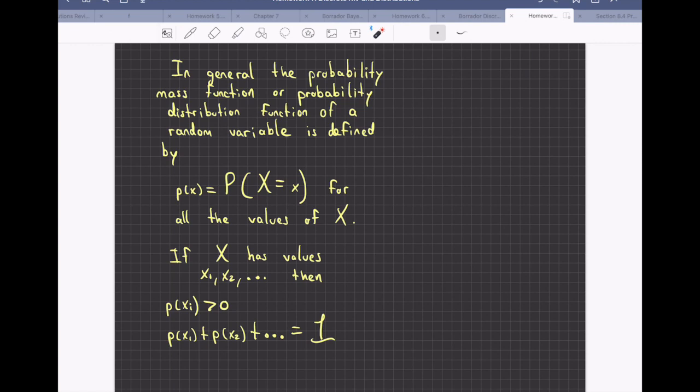I have said that we have a discrete random variable. I didn't write it, but I should have written this as a discrete random variable. What is a discrete random variable? Don't worry so much about it, but when we see continuous random variables, I'm going to point out the difference between discrete and continuous random variables. For now, it's okay if you have understood this.